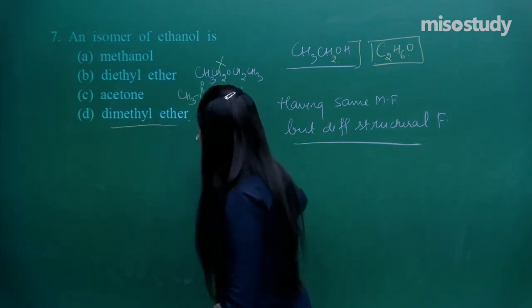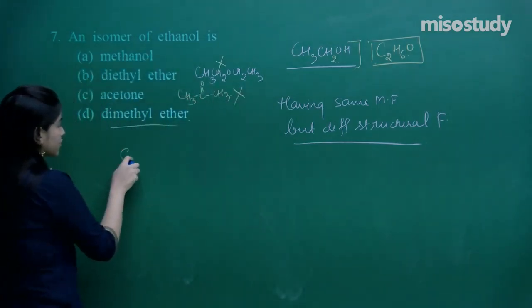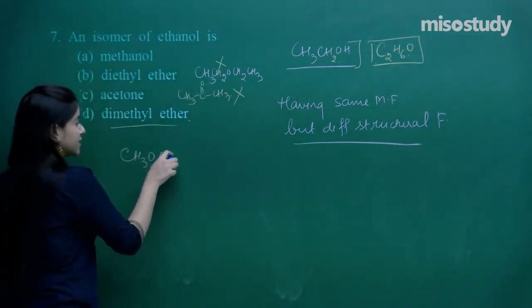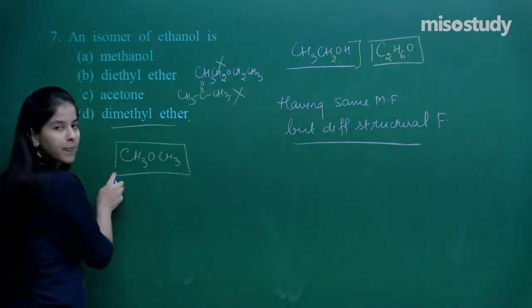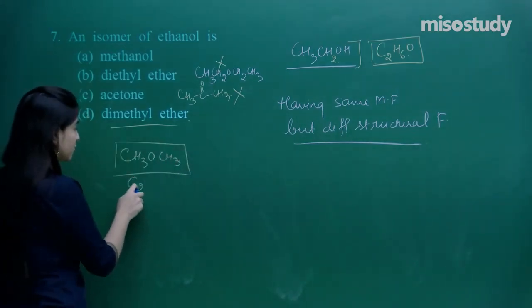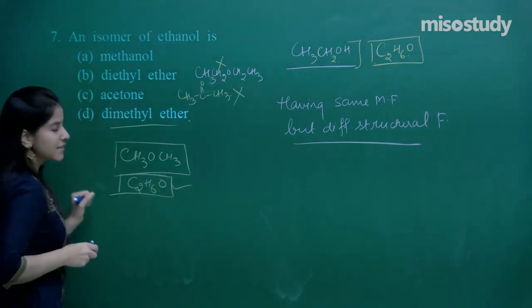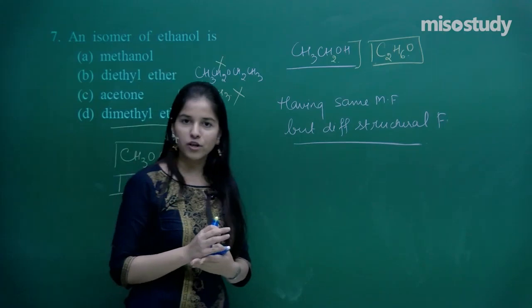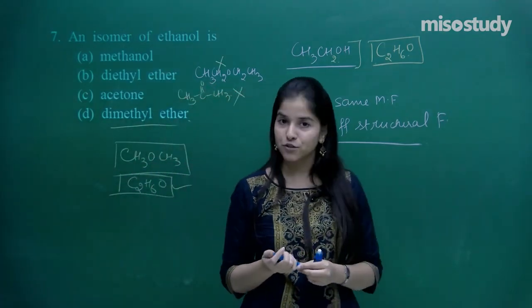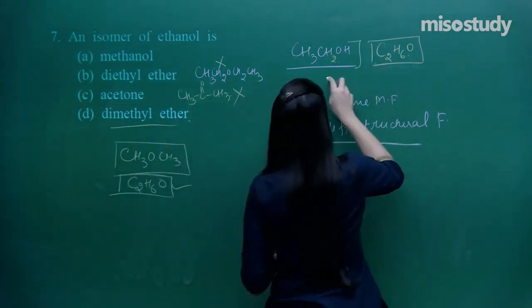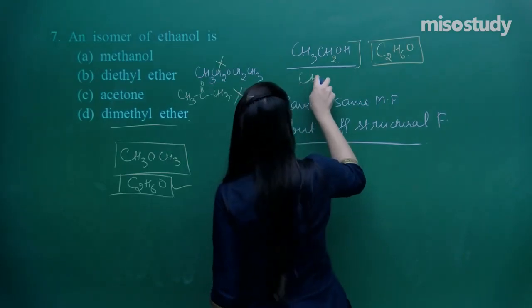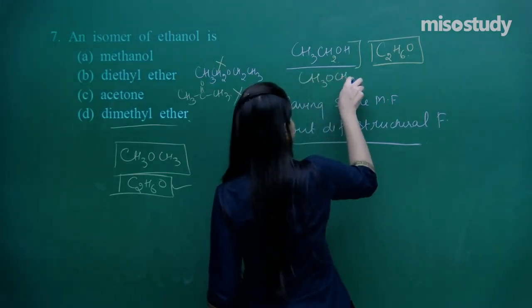And what about dimethyl ether? Let us draw the structure for it. It is this. That means C2H6O. So finally we have got the answer, as per the definition. And what are these kind of isomers known as? This is behaving as an isomer with dimethyl ether.